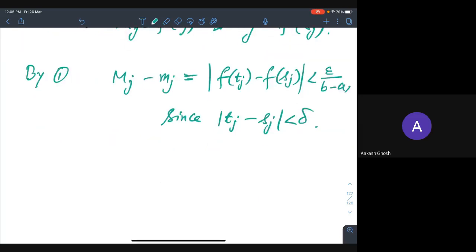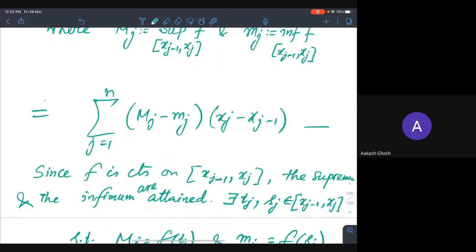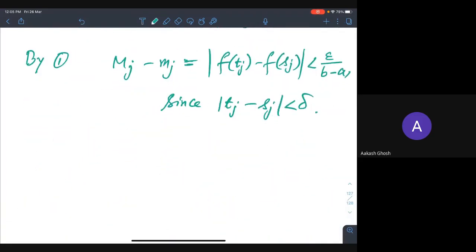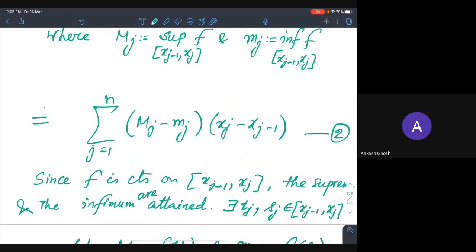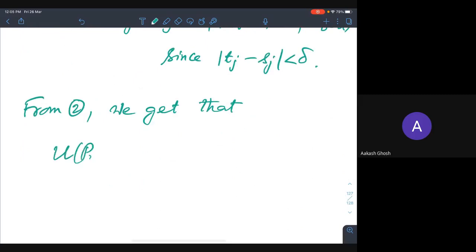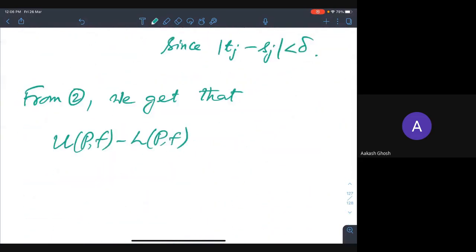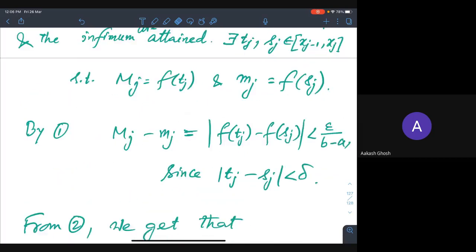All right. Now from 2 we get that the upper sum minus the lower sum is less than the summation of epsilon by (b minus a) times (x_j minus x_{j-1}), j from 1 to n, which is epsilon.